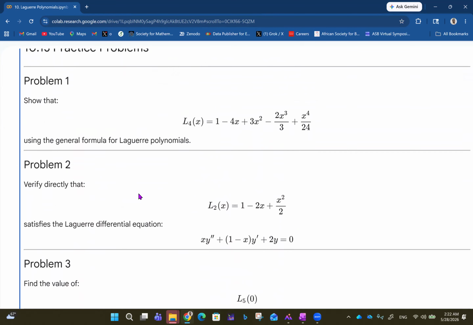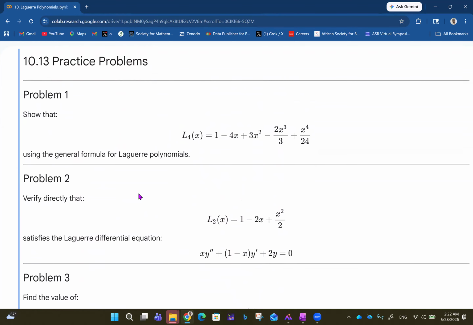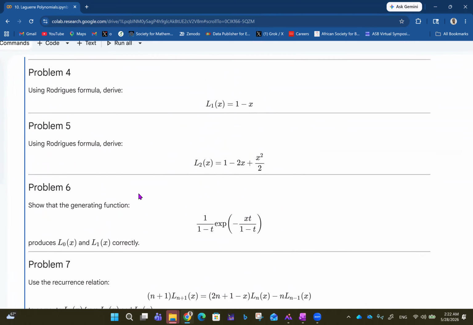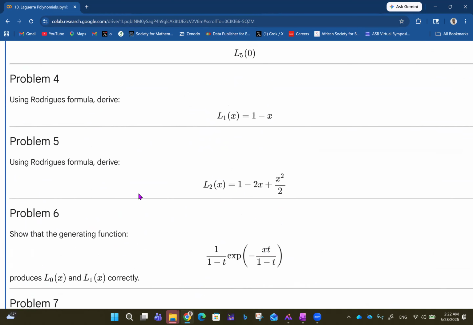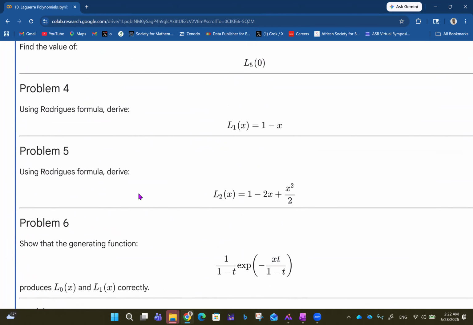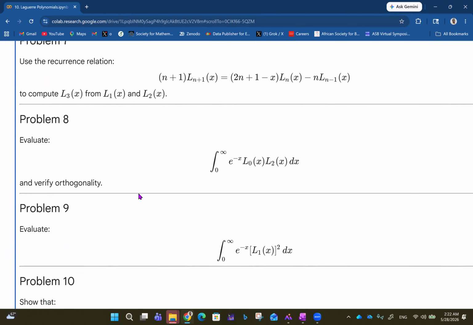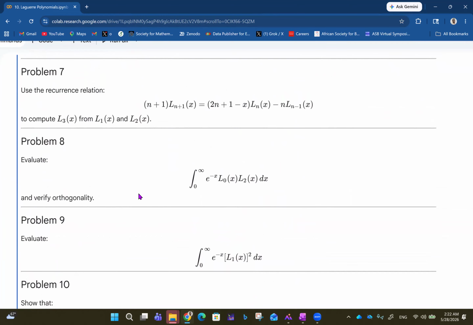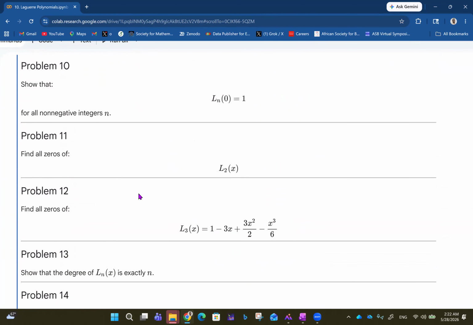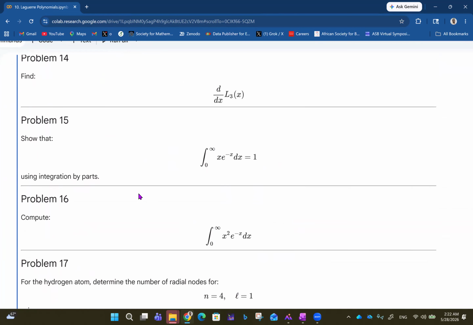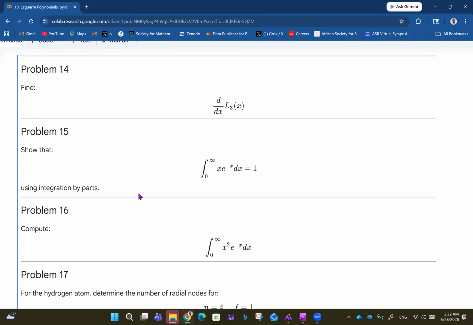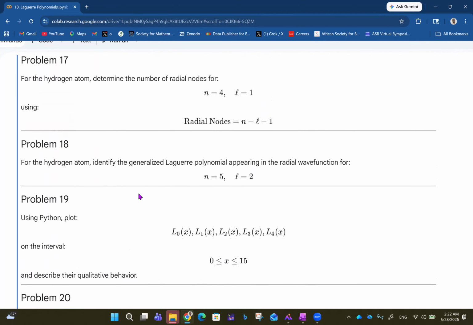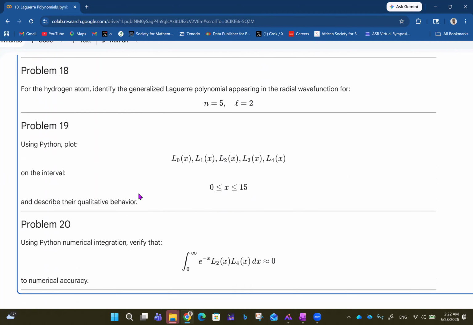So problem 1 to 3, 4 to 6, 7 to 9, 10 to 13, 14 to 16, then 17 to 19, and then we show 20.